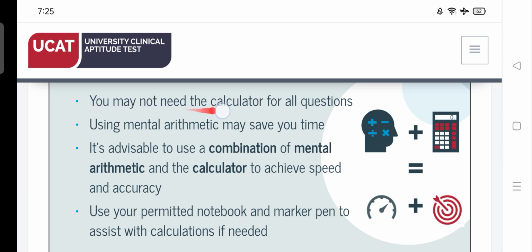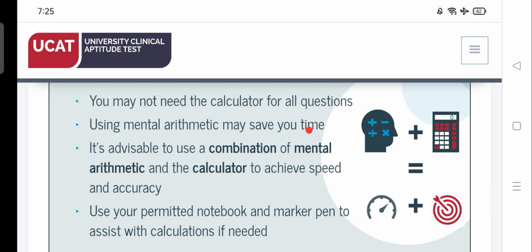You may not need the calculator for all questions. Using mental arithmetic may save your time. Not all the questions of this section need a calculator, only some of them.